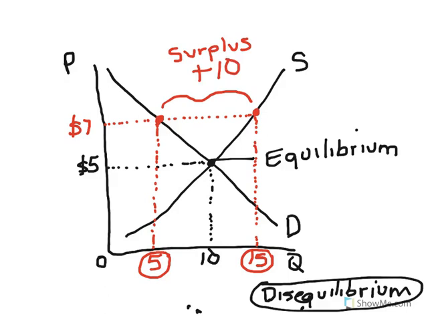And so in a free market, the way that a firm knows that they've set the price too high is that they start to see their inventories building up. In other words, they have that surplus of 10 units in their inventories, and so that signals to the firm that they need to lower their price in order to eliminate that surplus. So we would go back down to the equilibrium price.